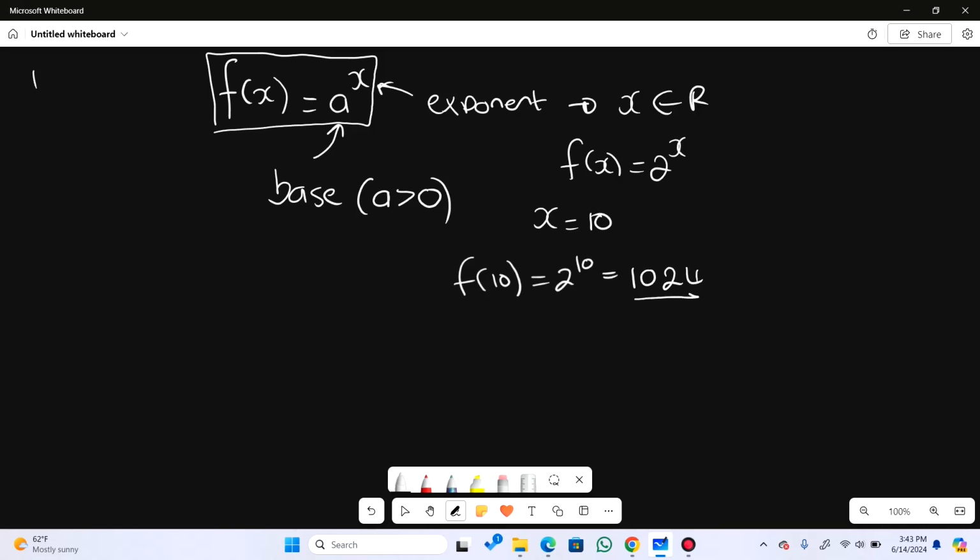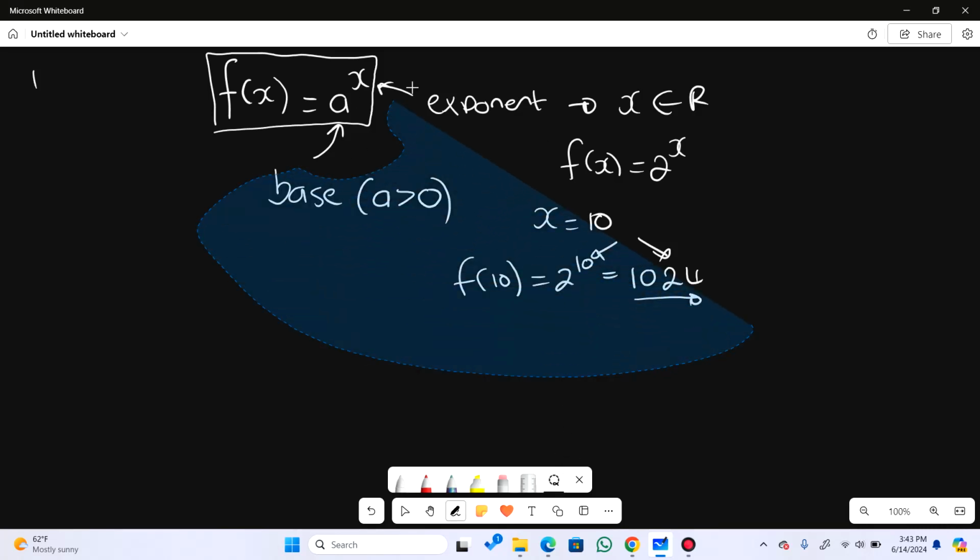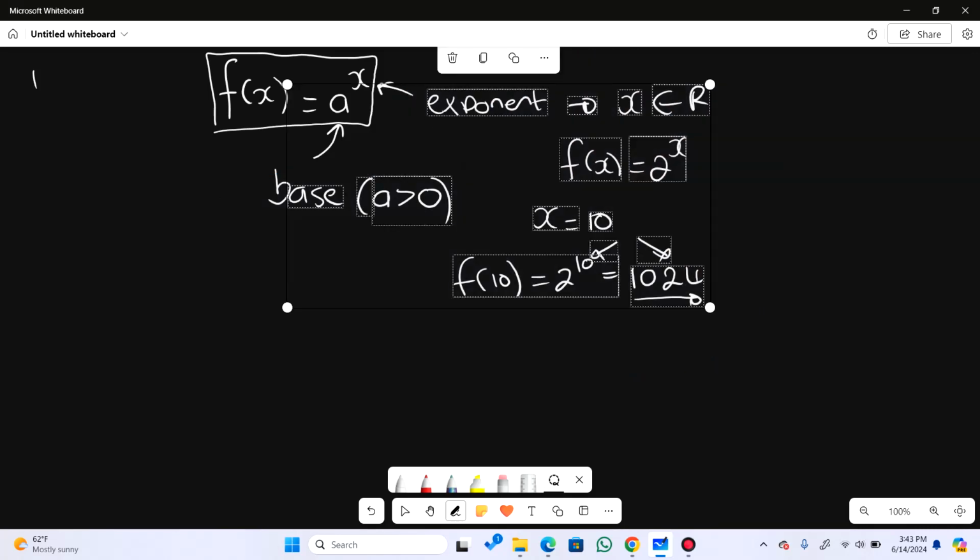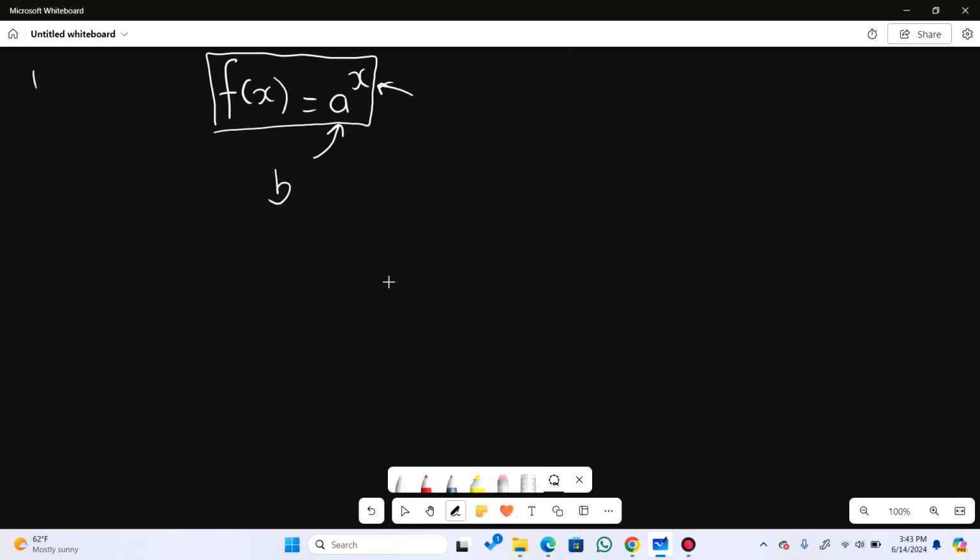So basically this function accumulates so fast. At x equal to 10 we have a y value of about 1000. So this is basically the introduction to the exponential function, which is used for things that accumulate very fast.